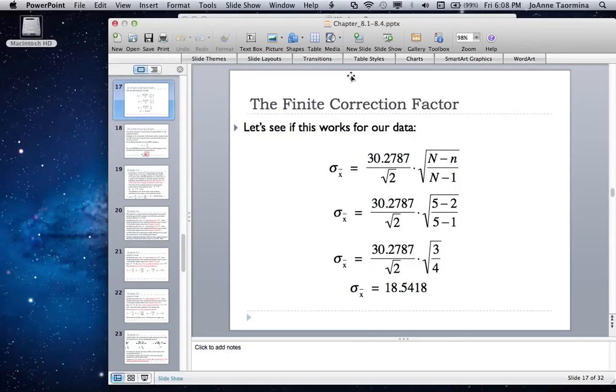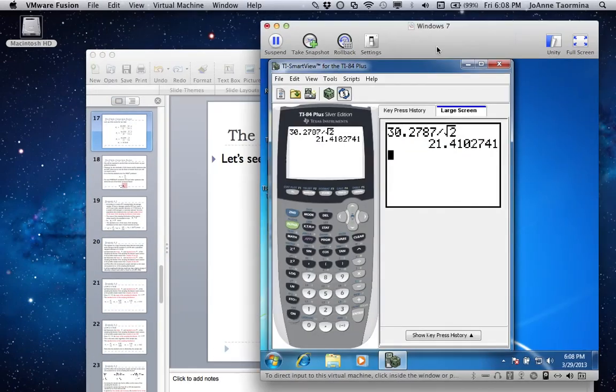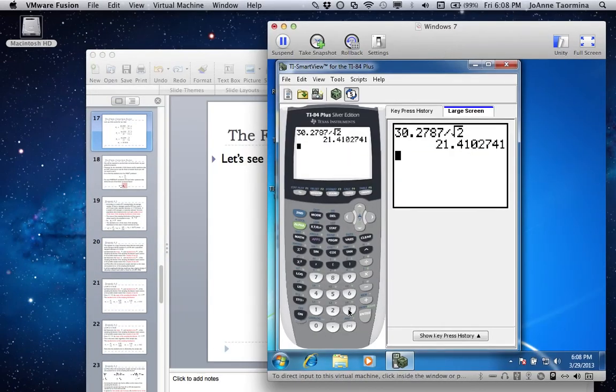So let's go to the calculator and demonstrate that it will work. We have 30.2787 divided by the square root of 2. Notice that my cursor is underneath the square root symbol.